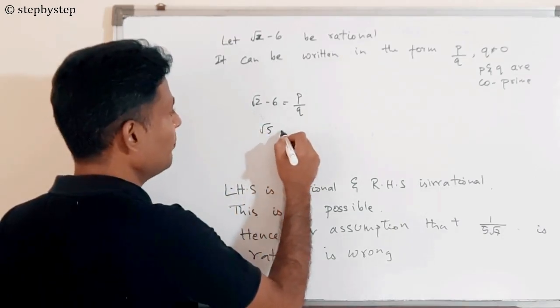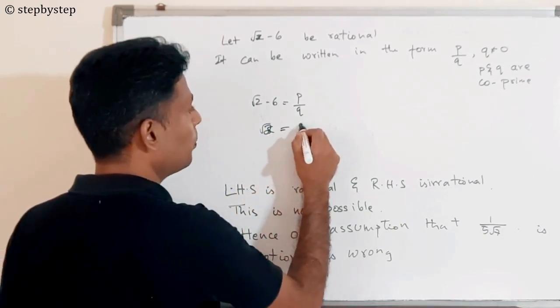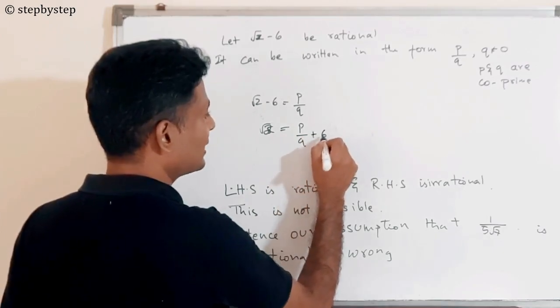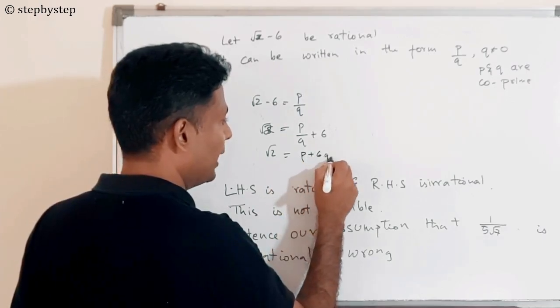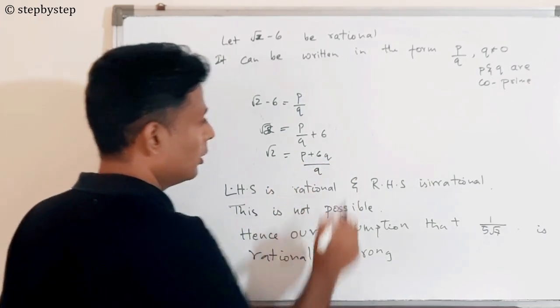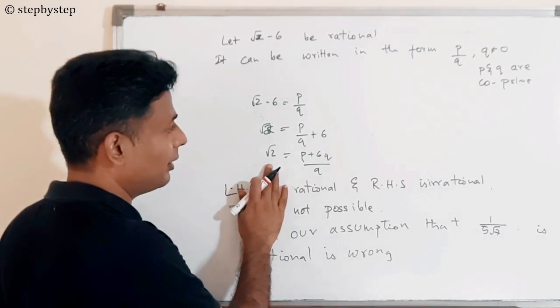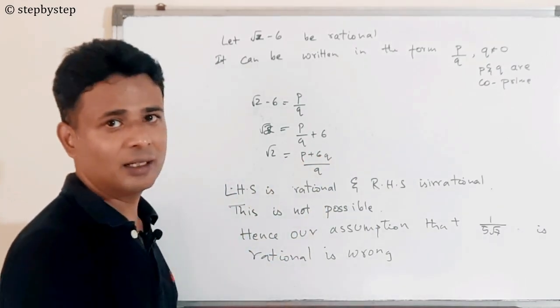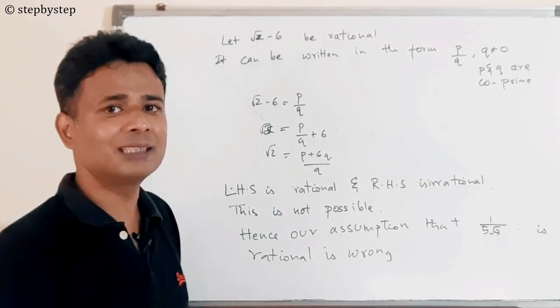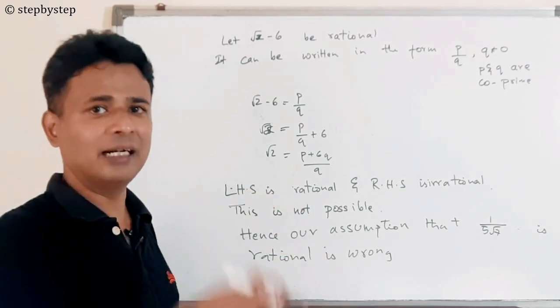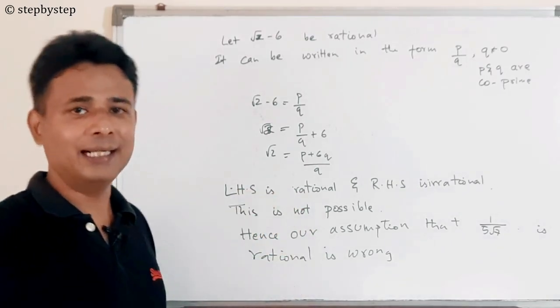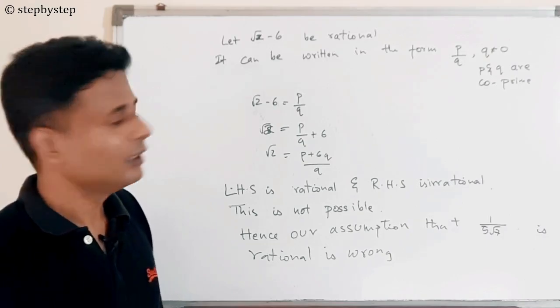So it would become root 2 equal to P by Q plus 6, which means root 2 equal to P plus 6Q by Q. So what do you have? Left hand side is irrational, right hand side is rational. Again, one side is rational, one side is irrational, which is not possible because our assumption that it is rational is wrong. Hence, it will be irrational.